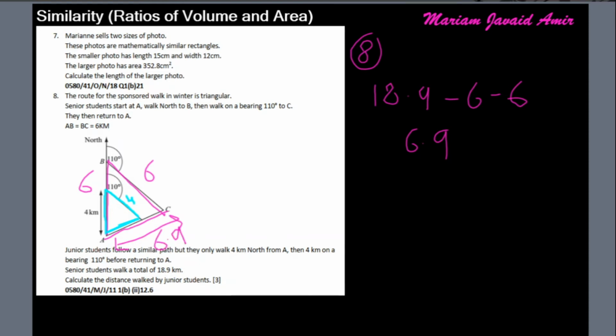Calculate the total distance walked by junior students. So we need this whole distance.